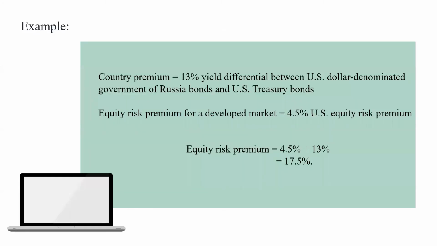For example, taking the approximate 13% yield differential between US dollar denominated government of Russia bonds and US Treasury bonds as the Russian country premium and using an estimate of 4.5% for the US equity risk premium, the Russian equity risk premium equals 4.5% plus 13%, which is 17.5%.